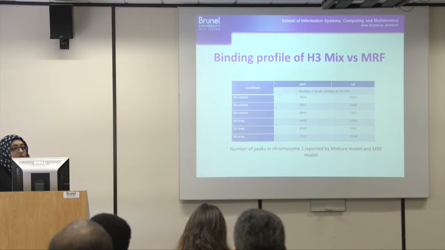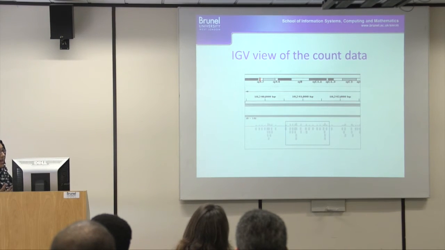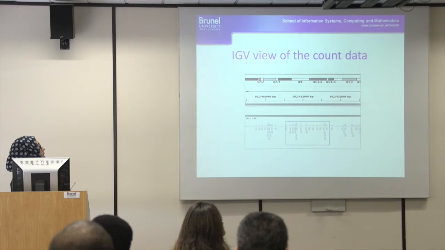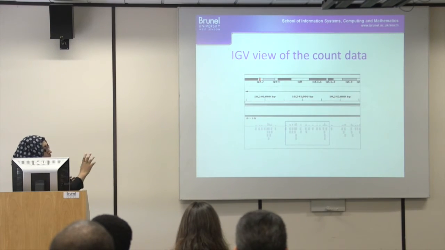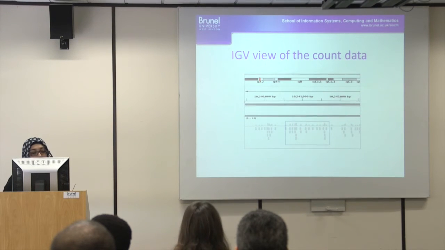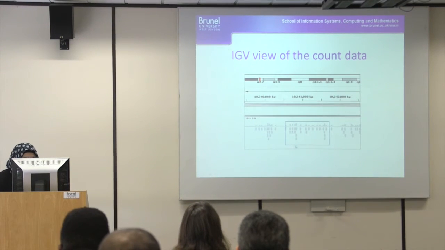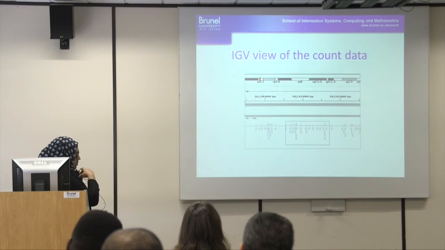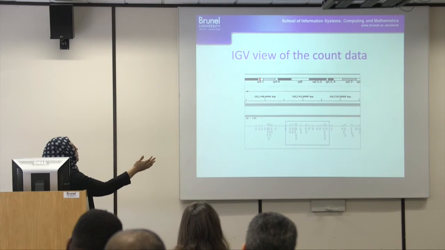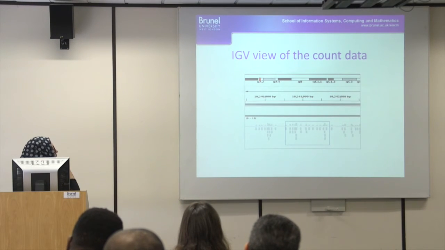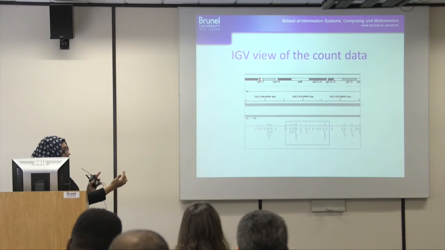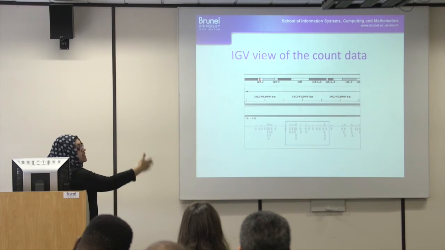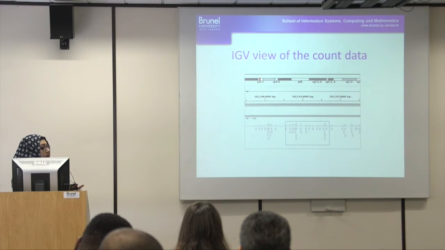To give you a visual of how these 2 results are different, we have given you the integrated genomic view of the count data. If you look at these blue boxes, you could see there is a region. Among the million base pairs, say this is just a 1,000 base pair area, or maybe 2,000 base pair area, and this is divided into 200 base pair windows in our model.